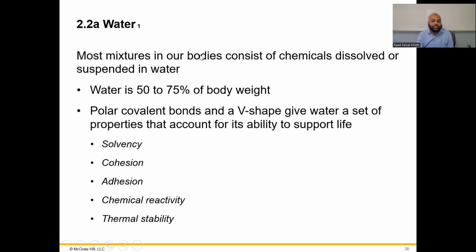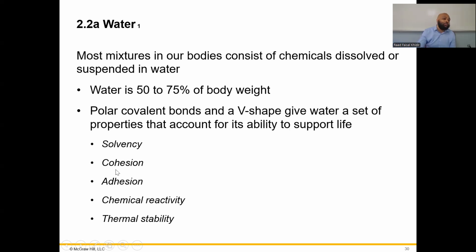Most mixtures in our body consist of chemicals dissolved in or suspended in water. And how much does water constitute in our body? About 50 to 75% of our body weight. The polar covalent bonds and the V shape give water a set of properties that account for its stability.